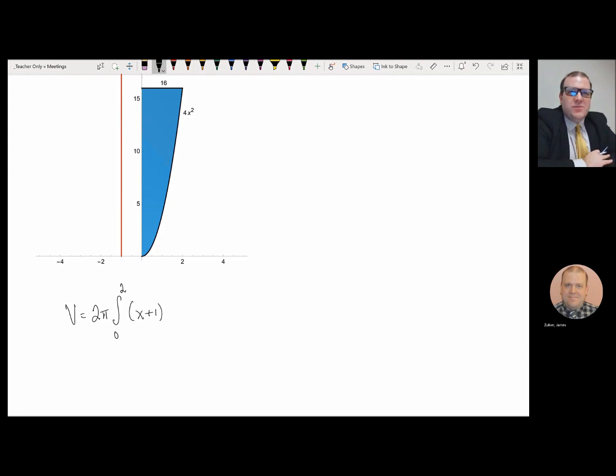We have 2 curves. Means it's going to be times the difference of the heights. Larger height is what? It's the larger height? Larger height 16, isn't it?